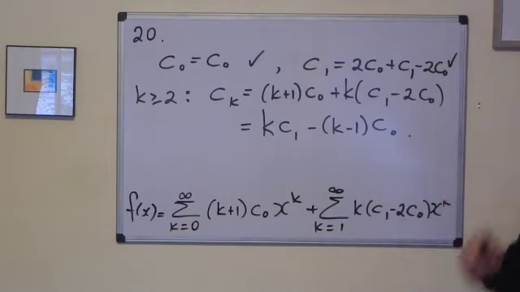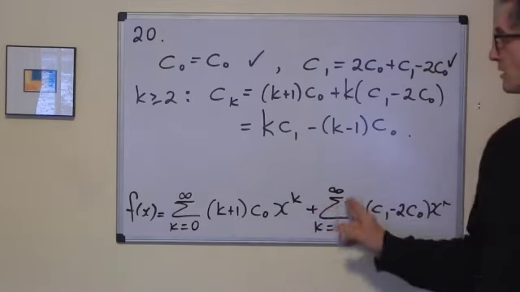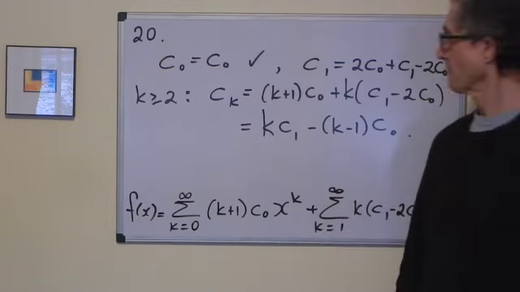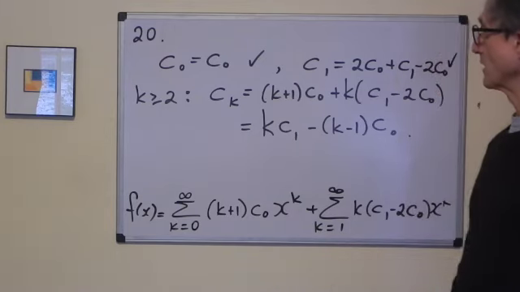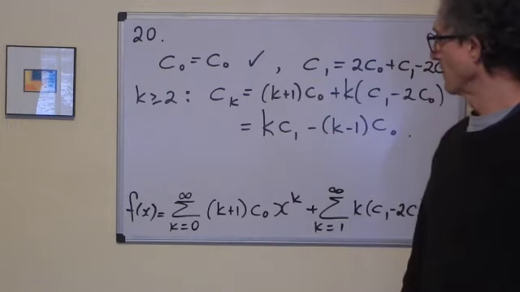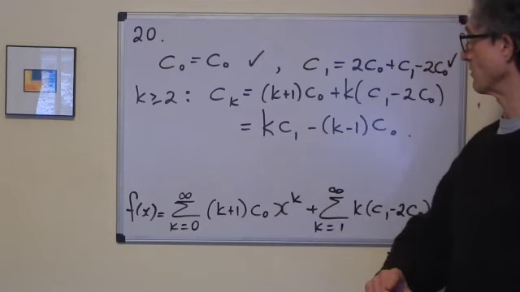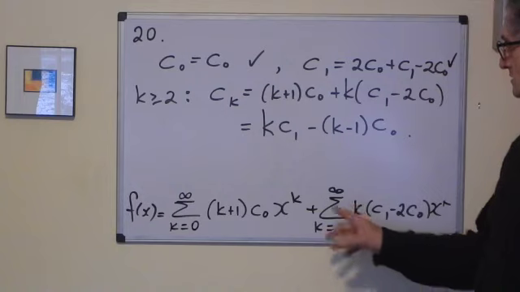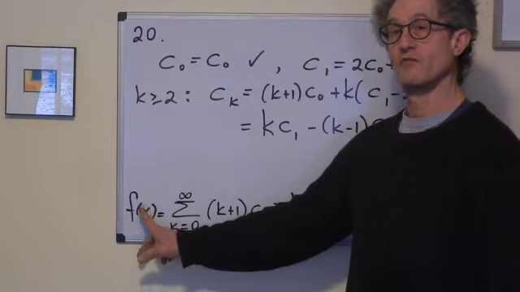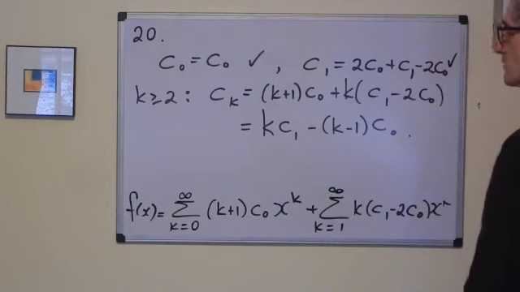c0 and c1 minus 2c0 are constants. The coefficients, the dependence on k, the ratio in both of these will go to 1 times the absolute value of x. And so with that in mind, let's go see what we've found. If k is 0, then the only term here is 1 times c0, and that is, in this series, of course, for f of x, the first term is c0, and so this just says that c0 is equal to c0, which is fine.